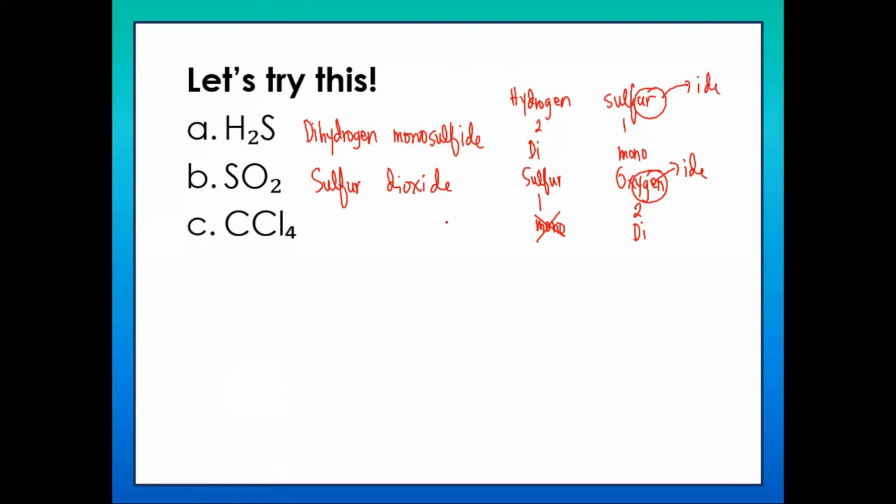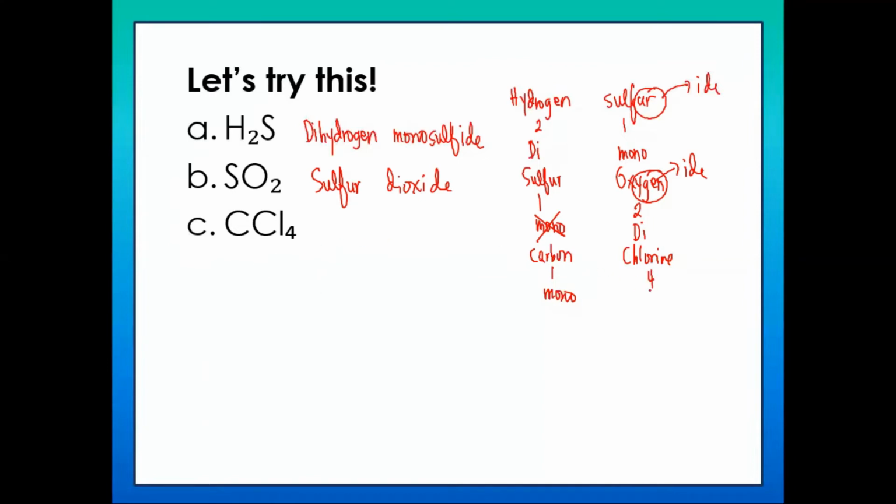Now, let's have the third example, which is CCl sub 4. So, using the steps again. C here is carbon. How many atom or atoms? Only one. The prefix is mono. Cl means chlorine. How many atoms? 4.